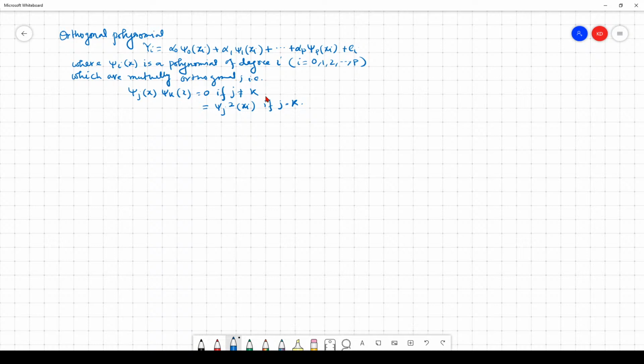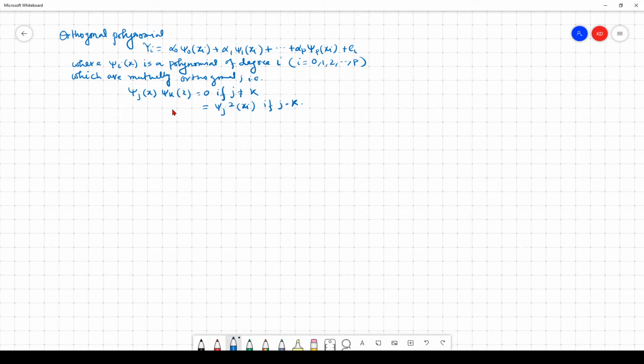So actually, if we take a polynomial, it is better to use orthogonal polynomial so that we can easily get estimates of this. How?